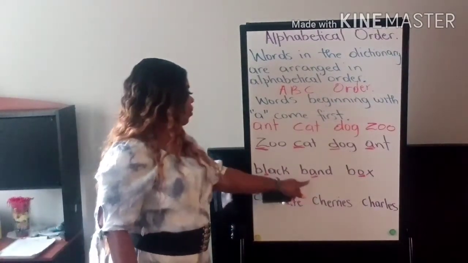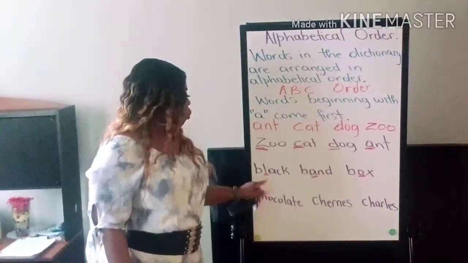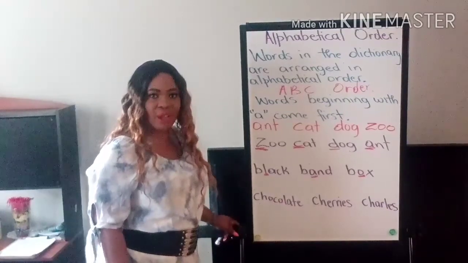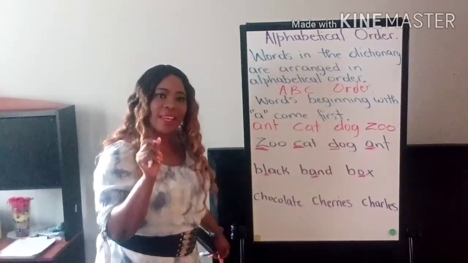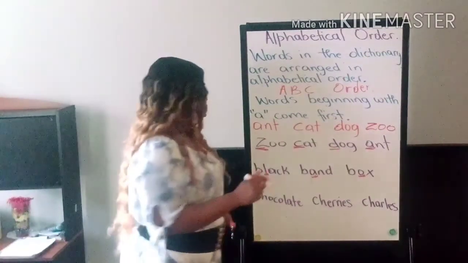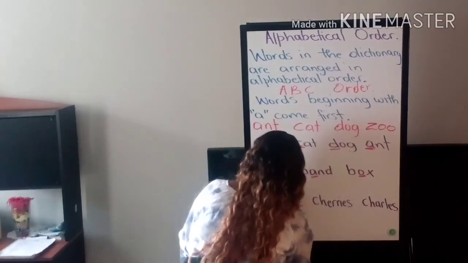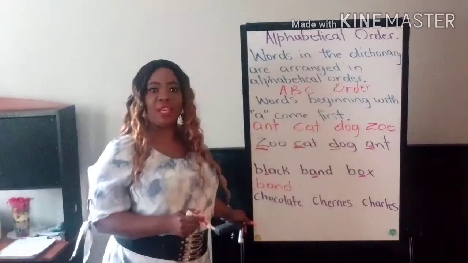So now looking at the second letters, you will ask yourself, which one of these would come first in the dictionary? And of course, if you said A right here, ding, ding, ding, you are correct. So band here would be the first word. Beautiful. Then, what next would come in the dictionary?